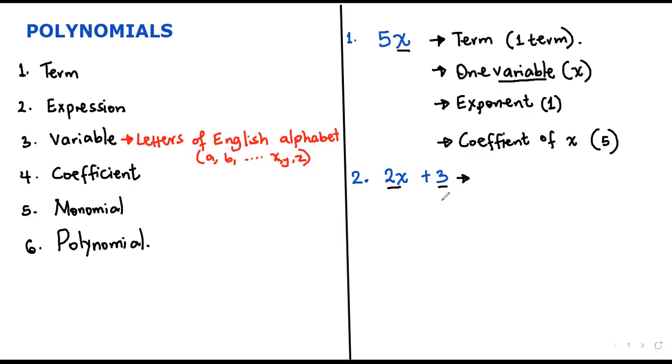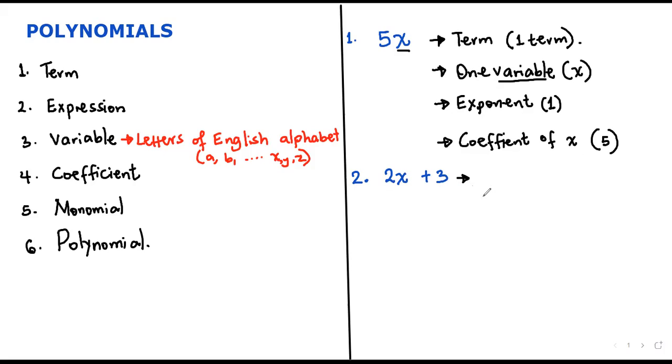So this is what we call an expression. In an expression, we are having 2 or more terms, and they are joined by addition. When we put terms together using addition, we get what we call an expression. So 2x plus 3 is called an expression.